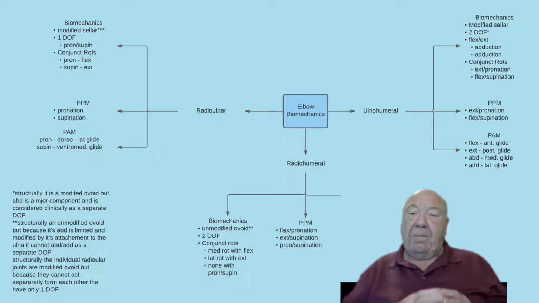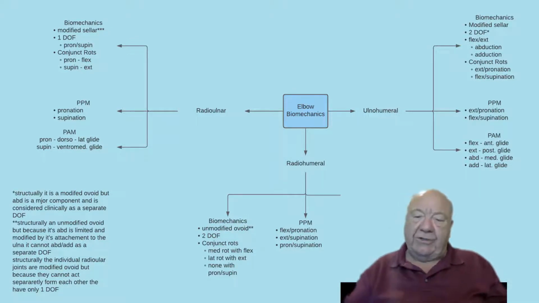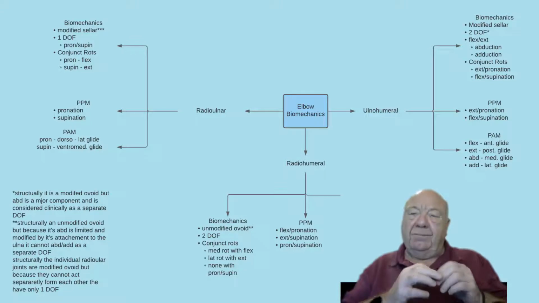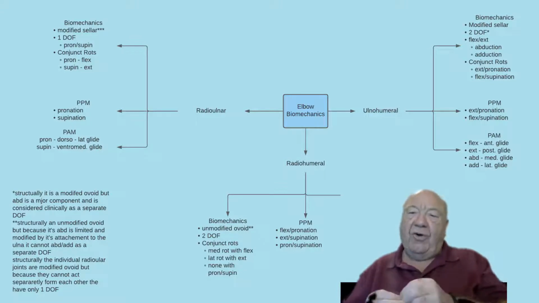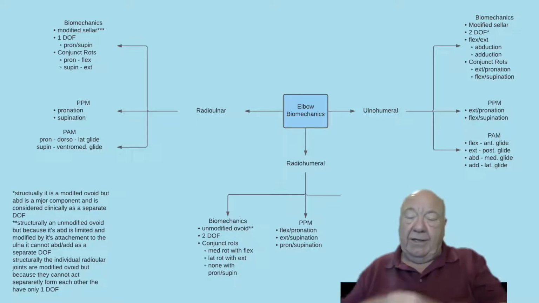For the PAN, the arthrokinematic test, flexion and extension will be an anterior and posterior glide respectively. While for abduction, and that's because for flexion extension, the olecranon presents a concave surface to the trochlea, so the arthrokinematic is in the same direction as the osteokinematic.